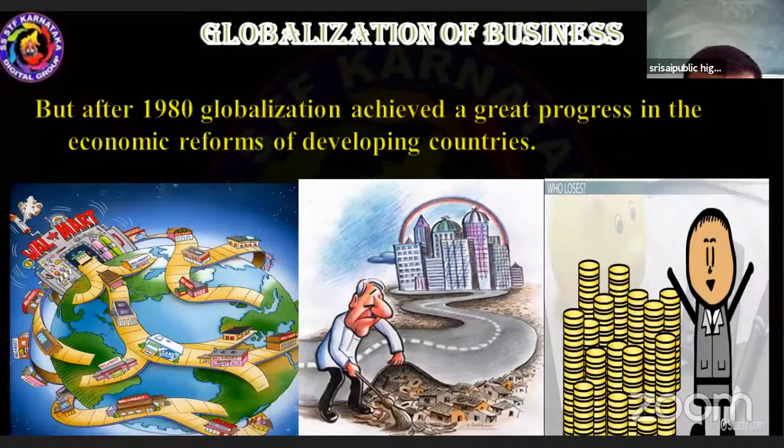Due to globalization, it has been opening branches and shops in almost all countries to sell goods. Even Reliance supermarkets are opening across the country and across the world, like the Infosys software products being sold across the country and the world.